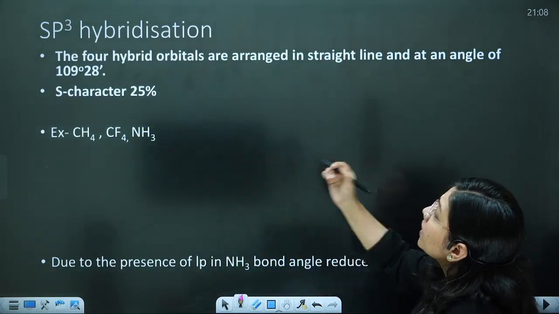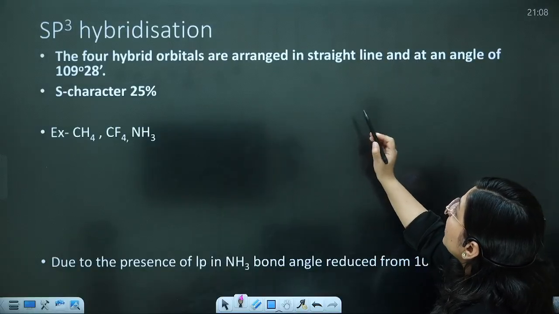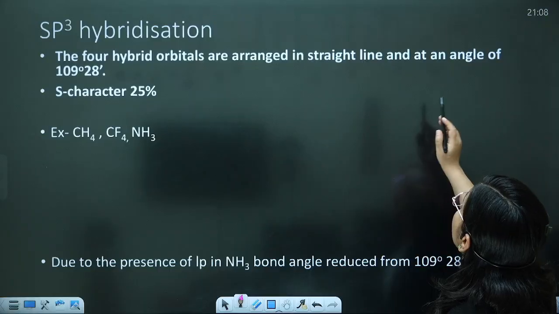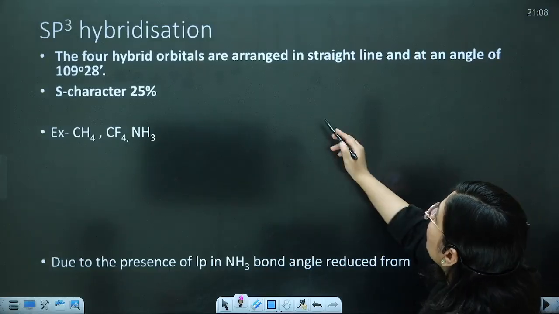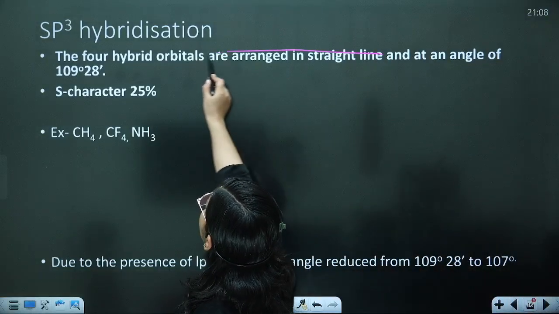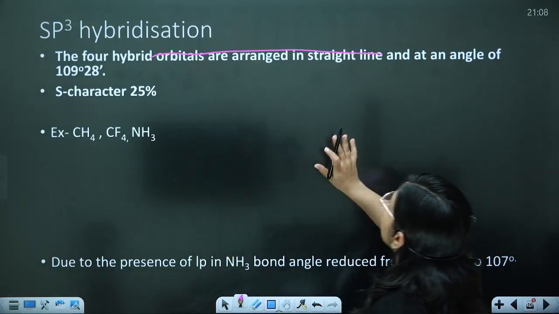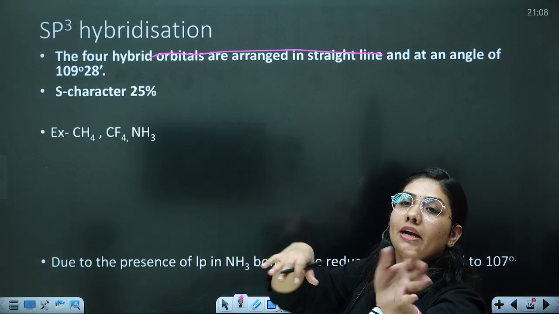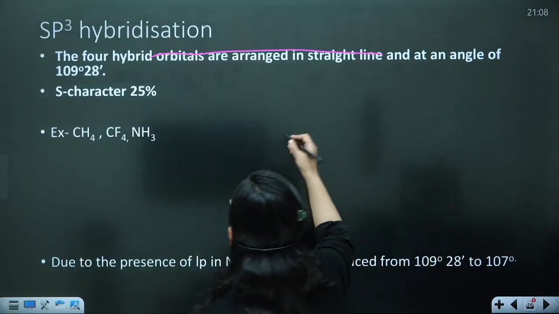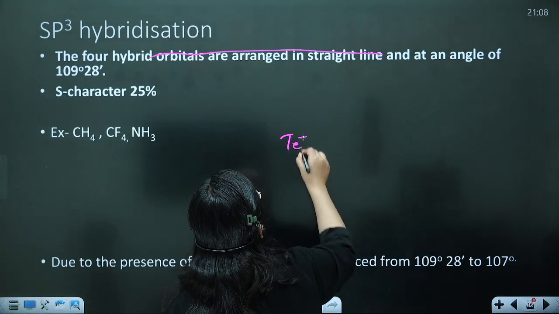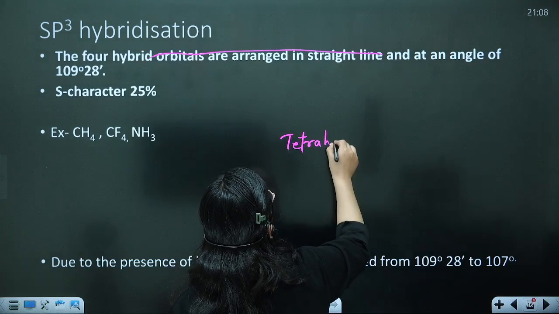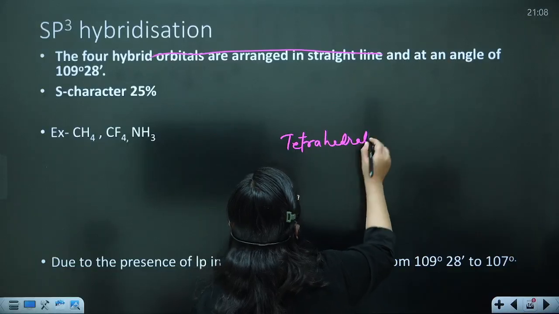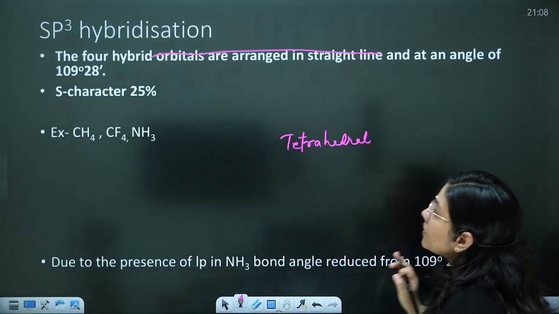See here, the 4 hybrid orbitals are arranged in a straight line, sorry, not in a straight line, okay. Since it is sp3, this is written wrong here, I am correcting it, it is an editing mistake, okay. They will be tetrahedral, okay, they will be tetrahedral.